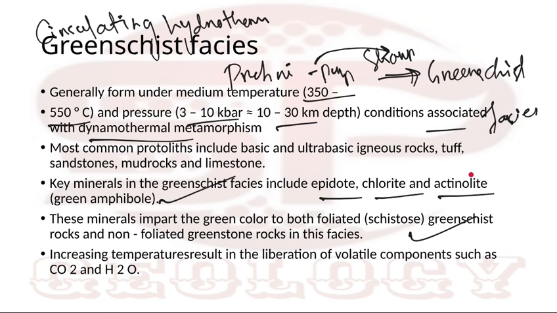When the greenschist facies converts to amphibolite facies, after that you cannot find any relic texture. All the textures will be newly originated in the process of metamorphism. No igneous or sedimentary texture will be present there. So this is the greenschist facies.